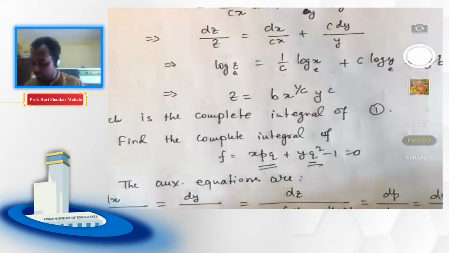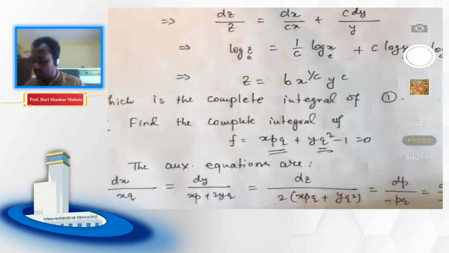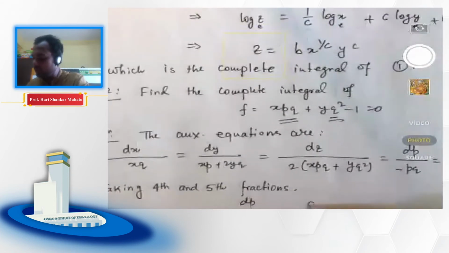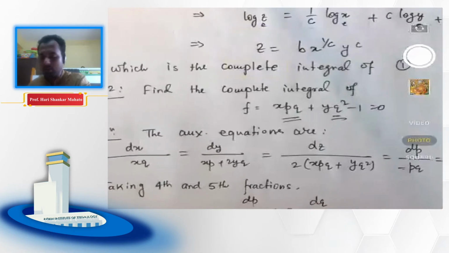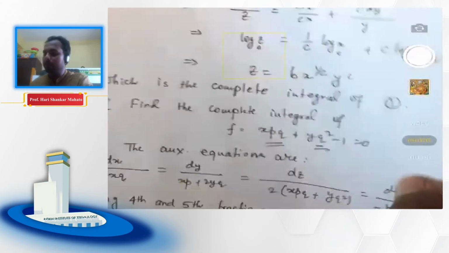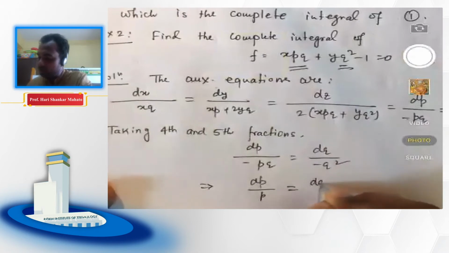So taking the fourth and fifth fractions, we will get dp by minus pq equals dq by minus q square. So one q will get cancelled. We will have dp by p equals dq by q.